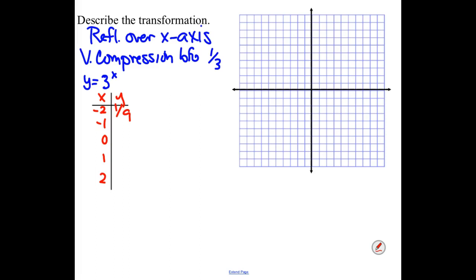What's 3 squared? Remember that relationship, right? 3 to the second power is 9. 3 to the -2 is the reciprocal, 1/9. So 3 to the first is 3. 3 to the -1 would be 1/3. And anything to the 0 is 1. All right? Let's go ahead and plot those.